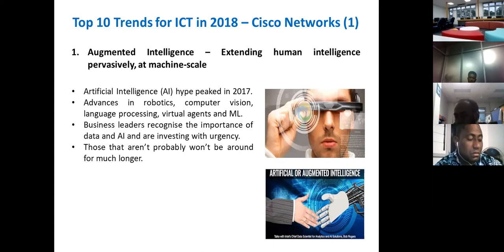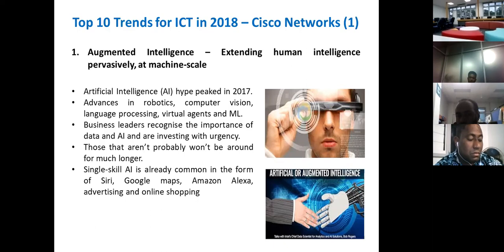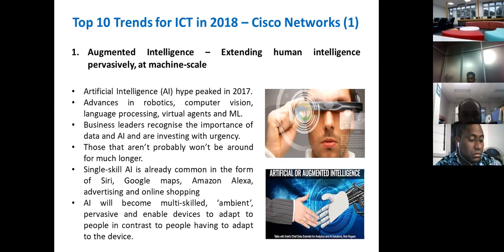So these technologies are here to stay, and I've already told you that artificial intelligence is already helping us in the form of Siri, Google Maps, Alexa, and so on. And augmented reality is going to extend our human intelligence. Nowadays you have information available in terms of QR codes.